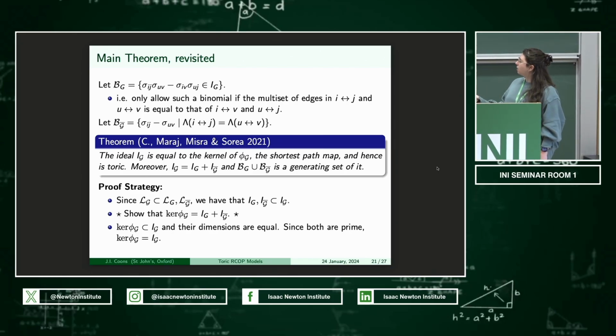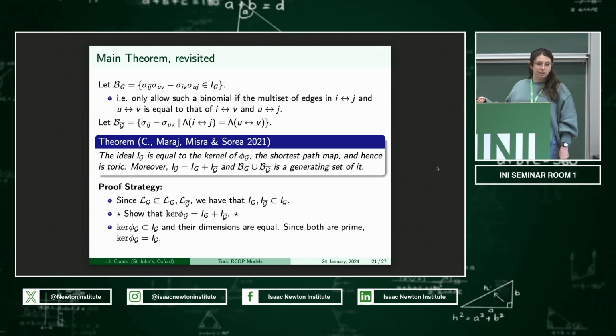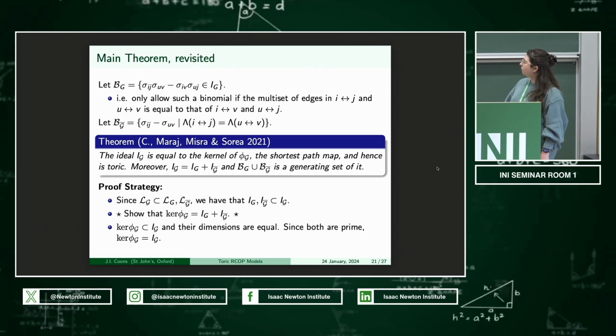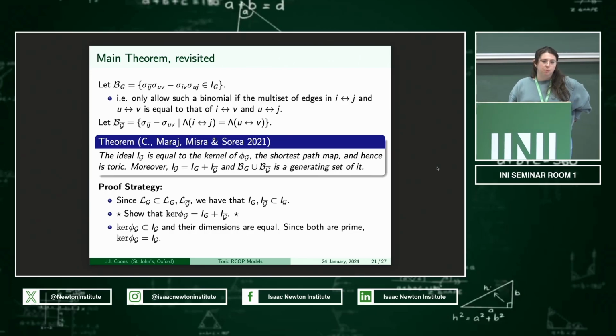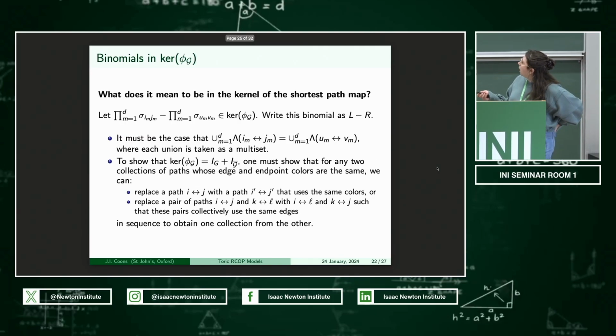The hard part is showing that the kernel is indeed the sum of these two ideals. And that's using this Markov basis stuff. And finally, we have this containment and their dimensions are equal. And since they're both prime, the two ideals are equal to each other. So that's sort of the proof strategy.